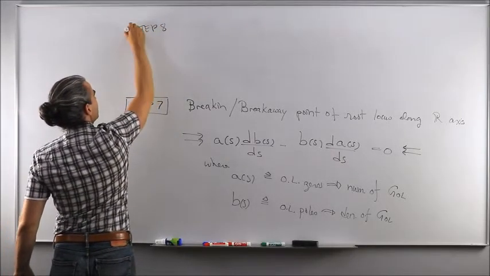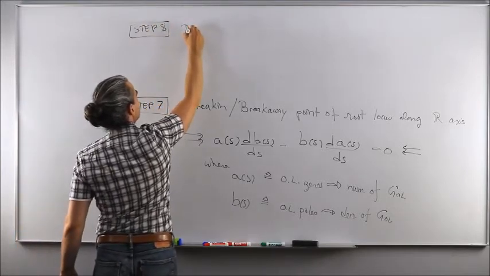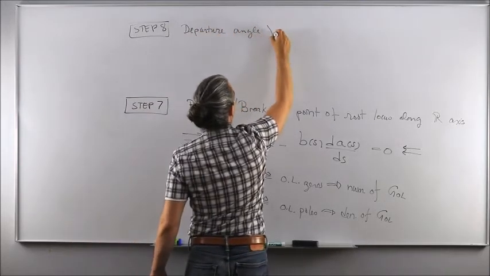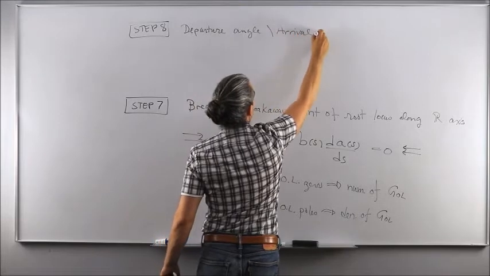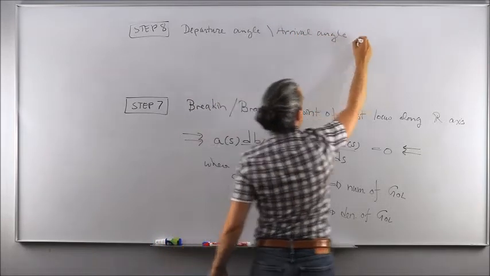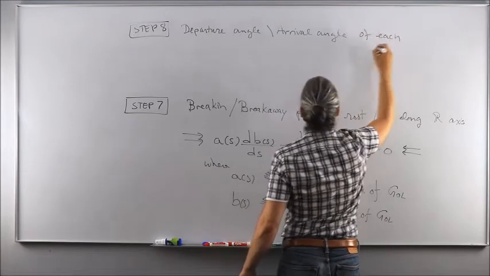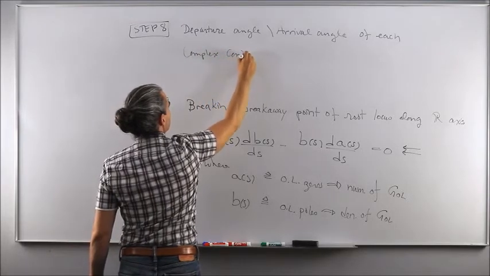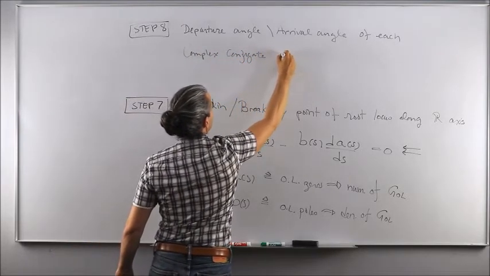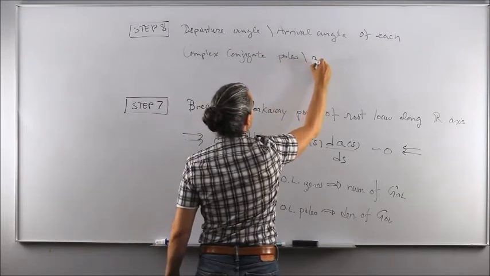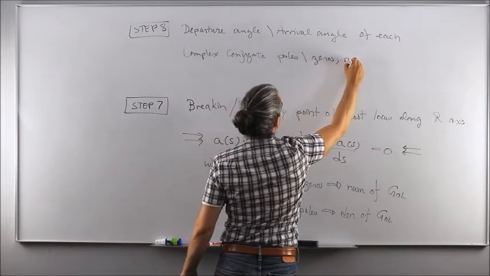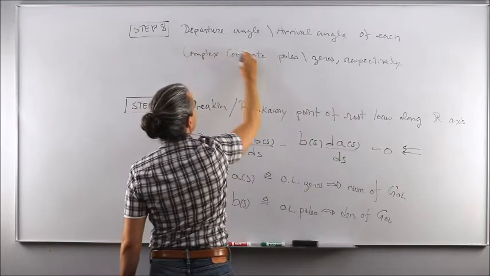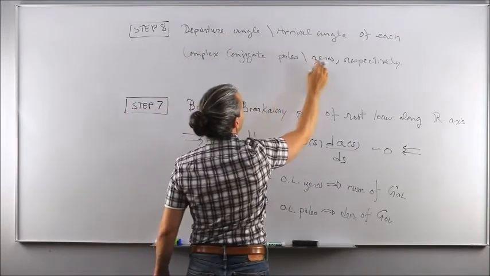So step 8, we'll look at the departure angle or arrival angle of each complex conjugate poles and zeros respectively. Why respectively? Because departure angle is always from a pole and arrival angle is always at the zero.